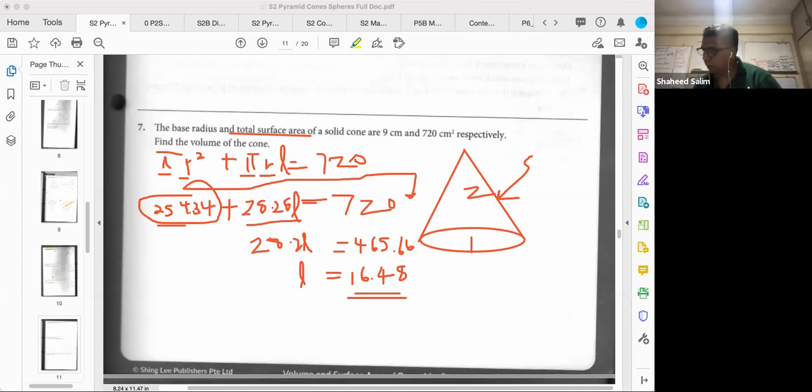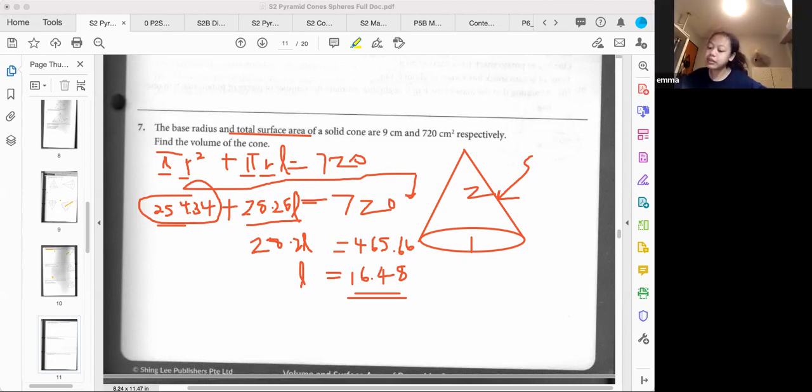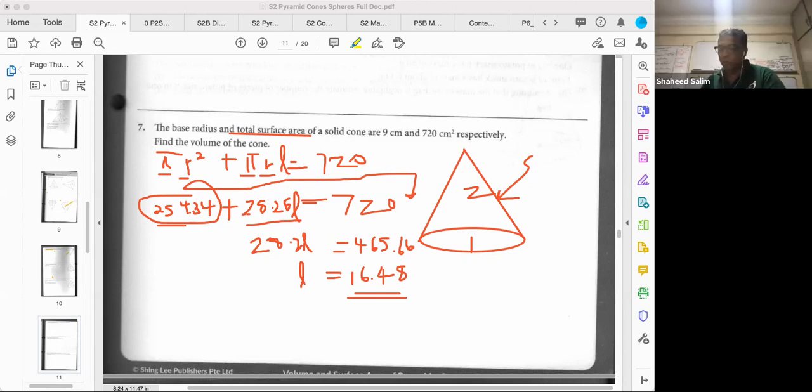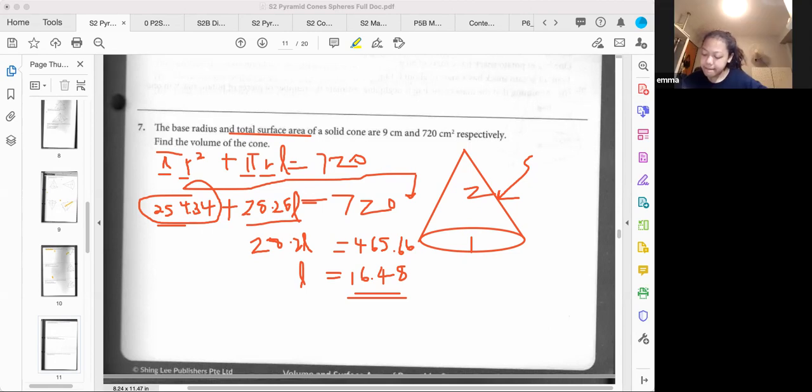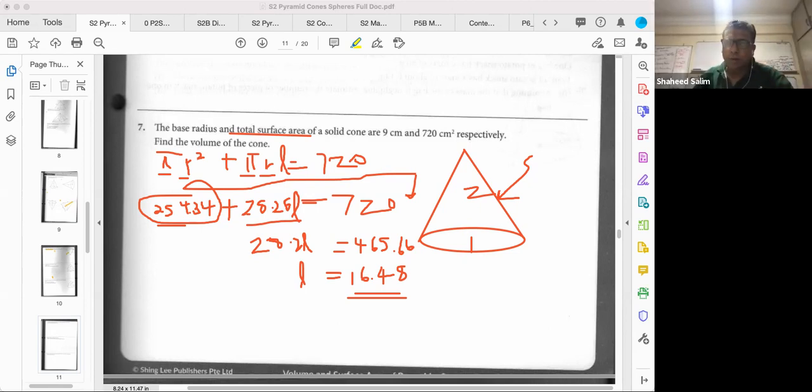Okay, finally. You must get the height. Tell me what's your height? Not your 13.8. Okay, good. So you can find the volume already. 1170. Yes, well done. So that's it. You got it.